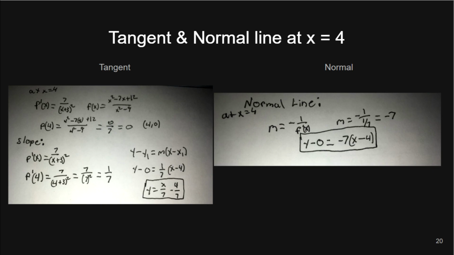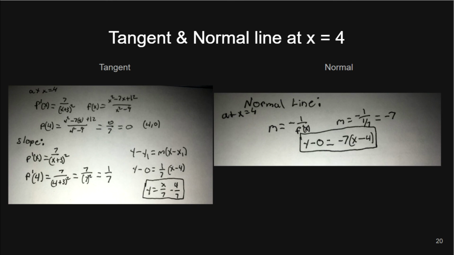To do this, we use the derivative, because remember, the derivative is the slope at any given point of the function. And so we already know what the derivative is, and we plug in 4 into it, and we get 1 over 7. Then we plug that into our equation, y minus y1 is equal to m times (x minus x1), and we get the slope-intercept form, which is y is equal to x over 7 minus 4 over 7.